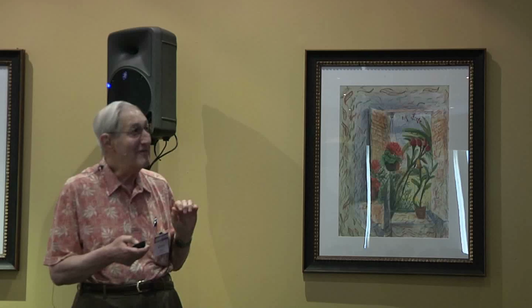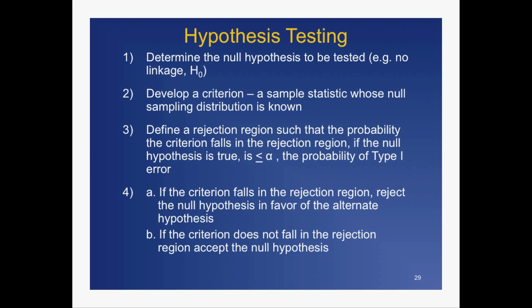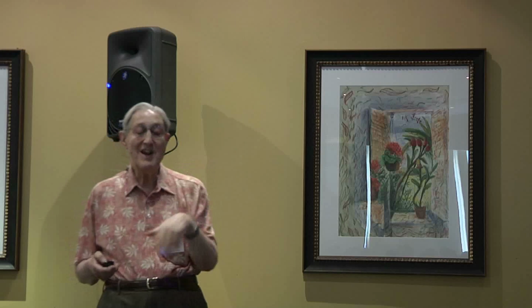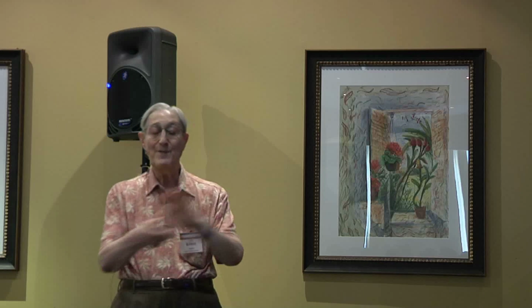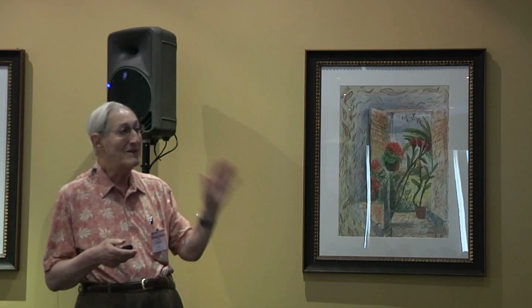Then, of course, we have the people who come and do hypothesis tests. Due to people like Neyman and Pearson, you do the same thing as before. You determine the null hypothesis. You develop a criterion. You know its null distribution. Then you say, aha! I'm going to define all the possible outcomes.